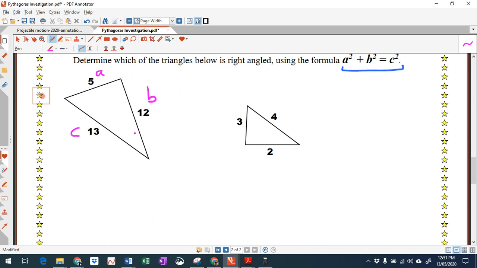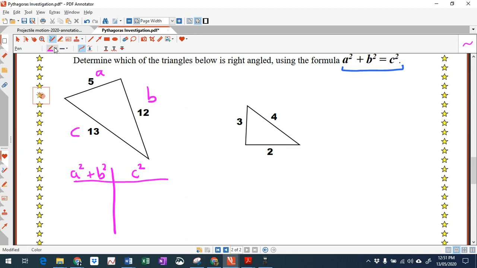Now, the way you set this out is quite particular. You've got to draw a little table. The little table will have A squared plus B squared for one heading and C squared for the other heading.